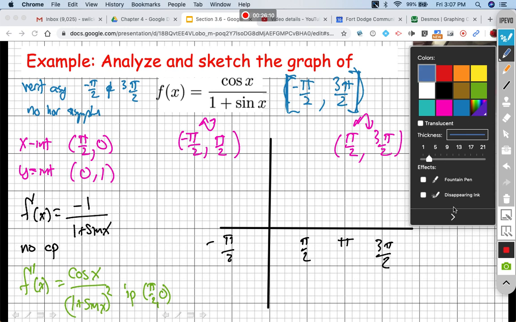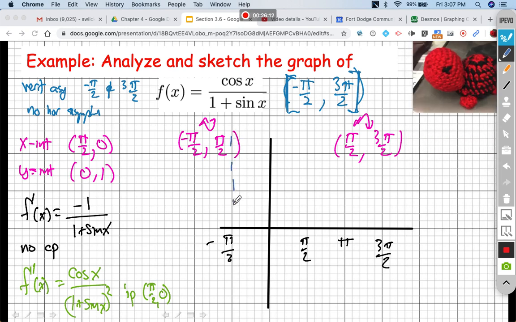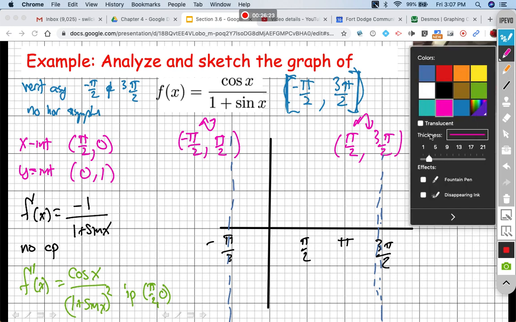And we said we should have vertical asymptotes here. Lovely asymptotes, right? We have an x-intercept at (pi over 2, 0). And we have a y-intercept at, we should number this, 1, 2, negative 1, negative 2.